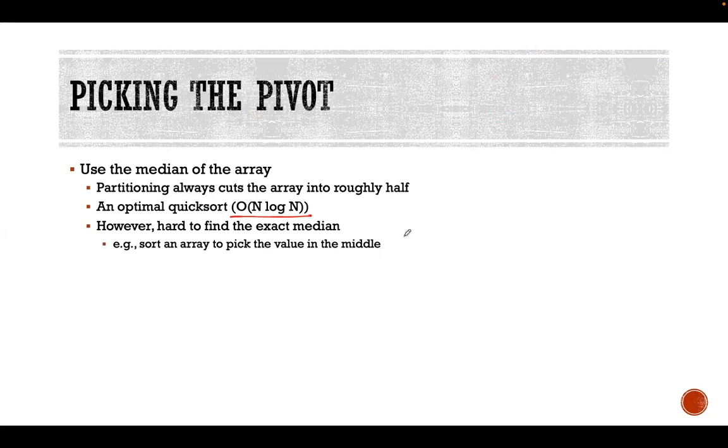Now again the question is how we can find the median. Finding the median means sorting the array and finding the middle two values. So that is another algorithm, and finding the exact median by sorting the array is another expensive algorithm.